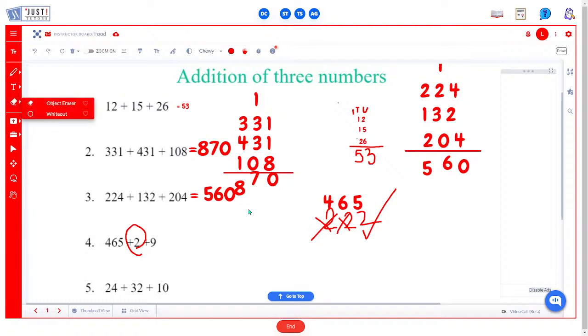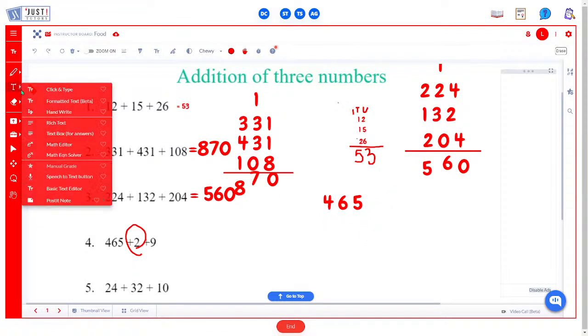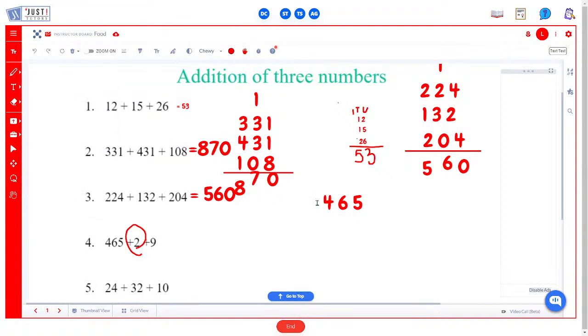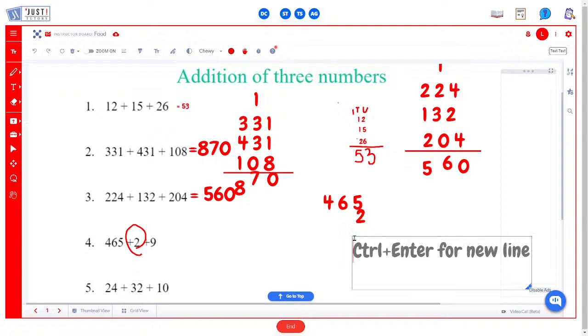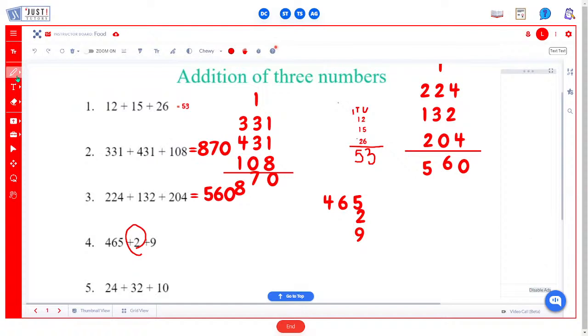So I hope this is clear to you. We would write 2 just below the 5 because it belongs to the ones column. So I am writing 2 just below the 5. Now in the same way we have a 9 and that also belongs to the ones column. So I am writing a 9 just below the 2. Now I am planning to add them.